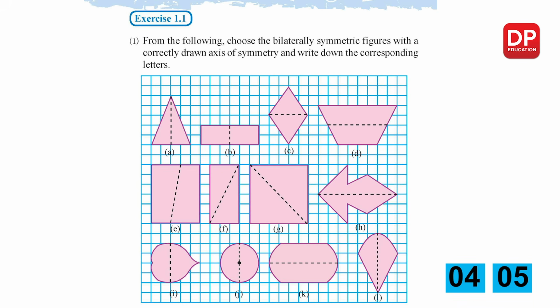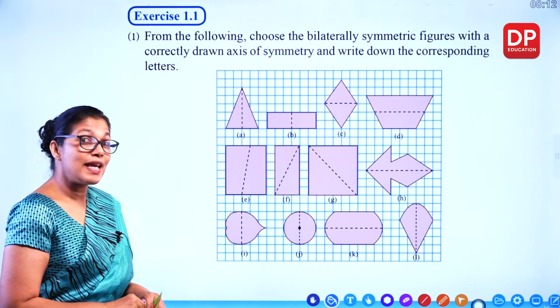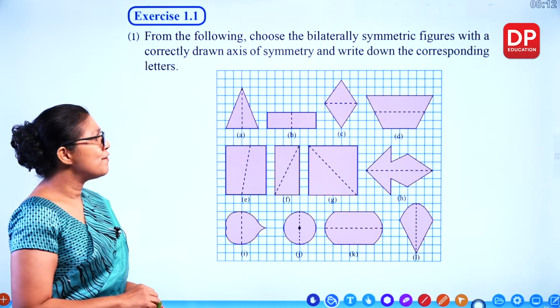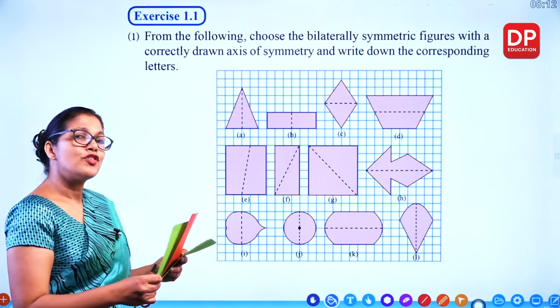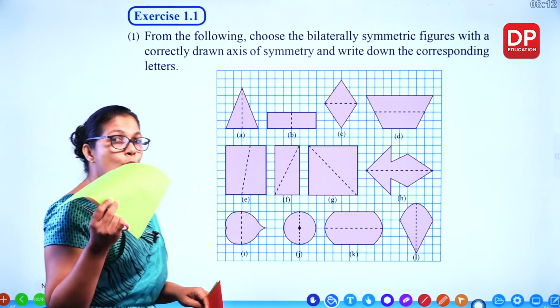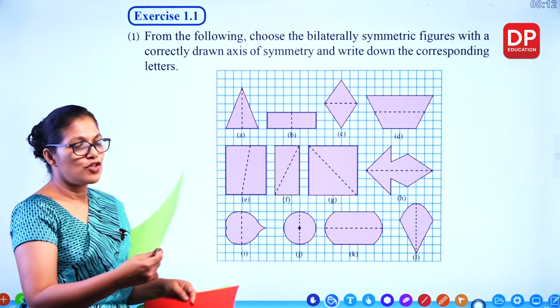Before we start to do the exercise, we'll see how we can cut a symmetrical figure. So you can take any colored paper. If you want one line of symmetry, what you have to do?